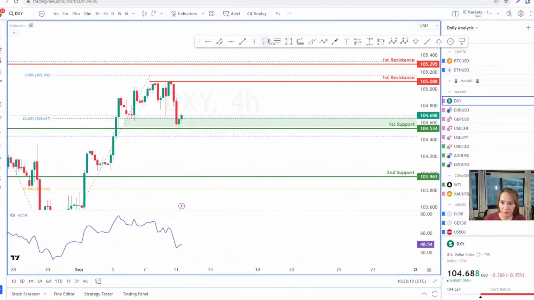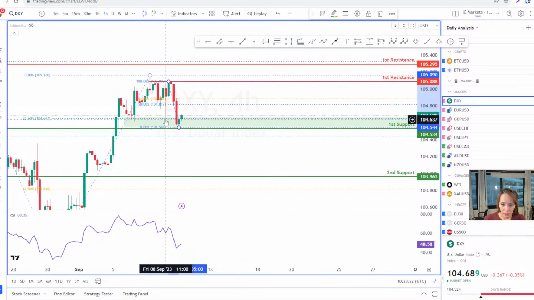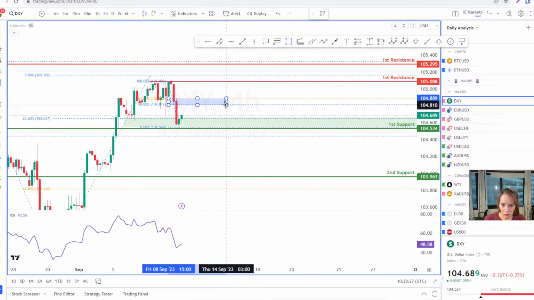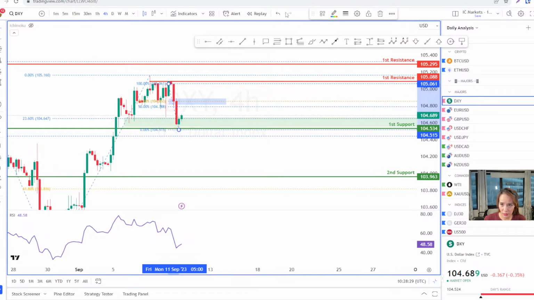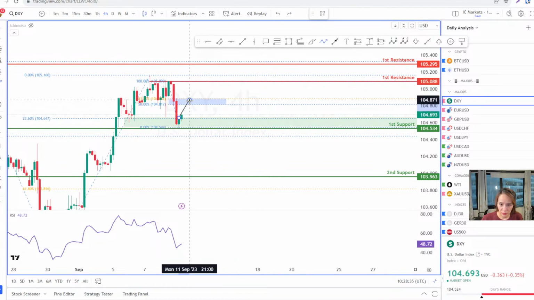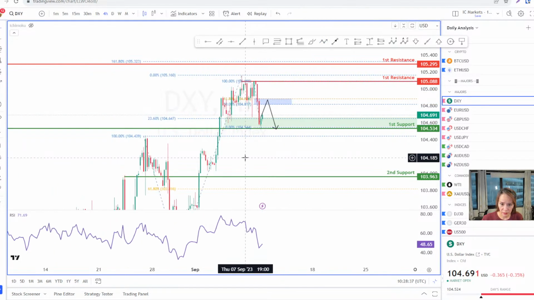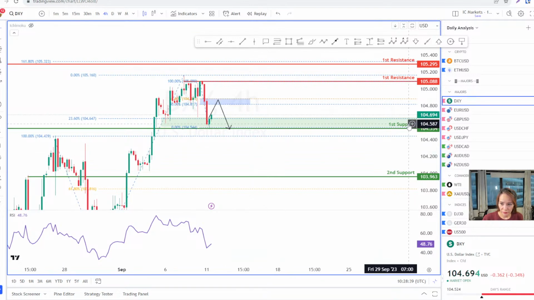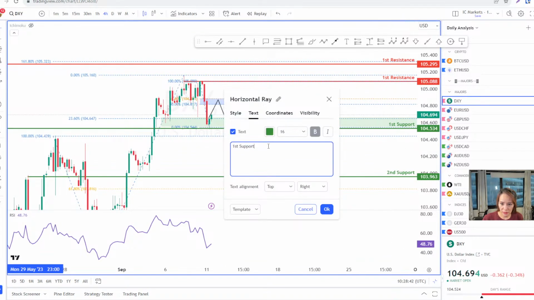So basically I think this is the area that I will wait for, you may consider to see the bounce from here. Like here. And from here, because this is the first support, actually this is daily.